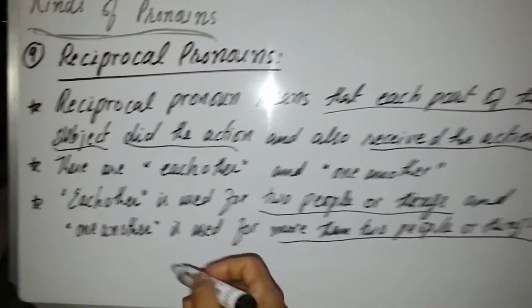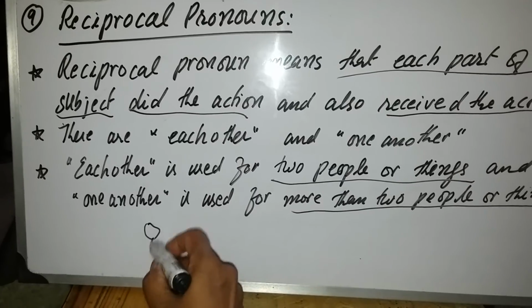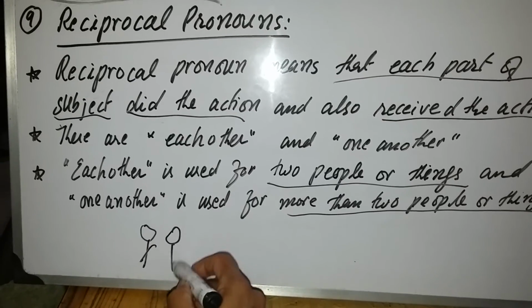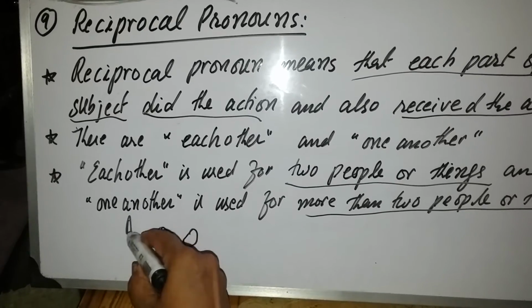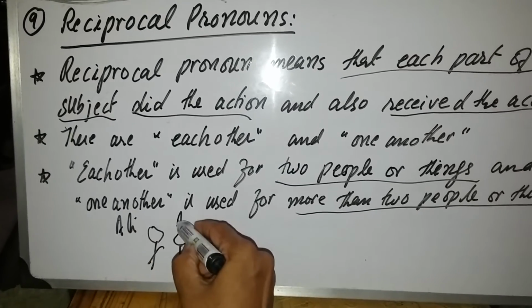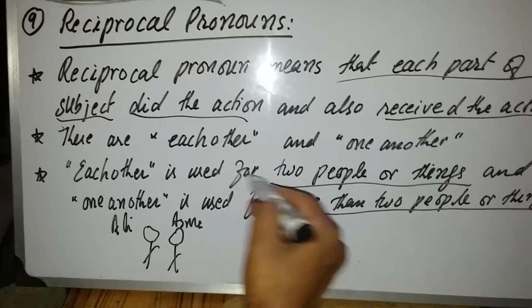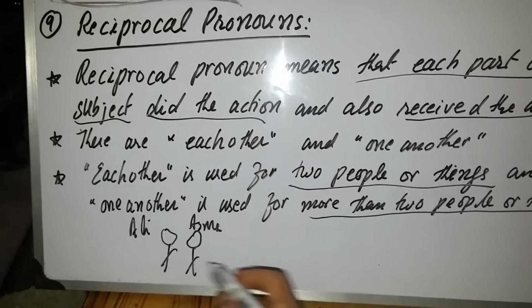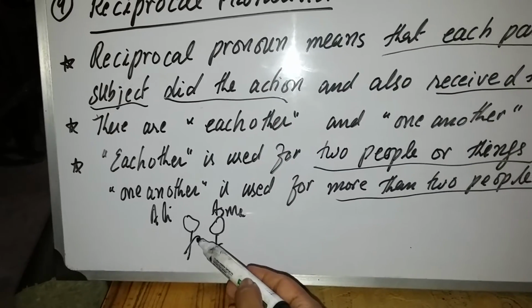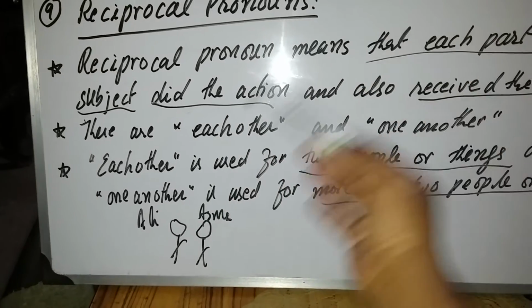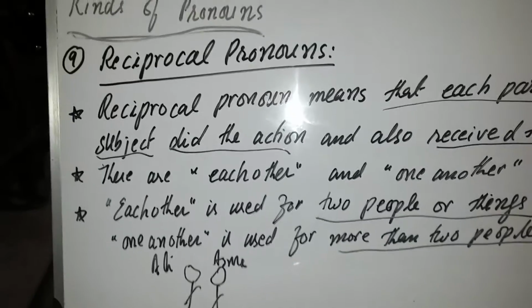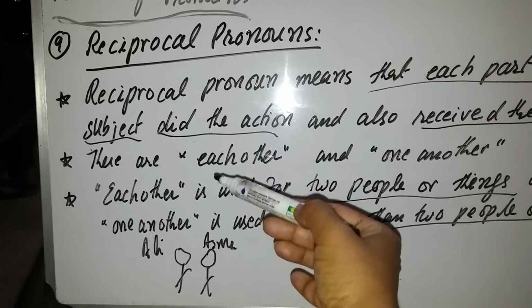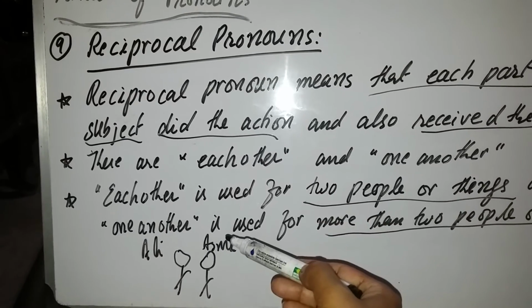For example, in the subject there are two people, that is, one is Ali and the second one is Asma. Now these are two people, and when they did the action and also received the action, for that purpose we will use reciprocal pronoun.